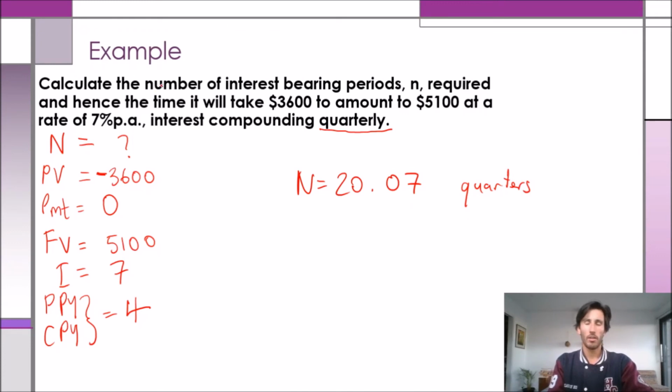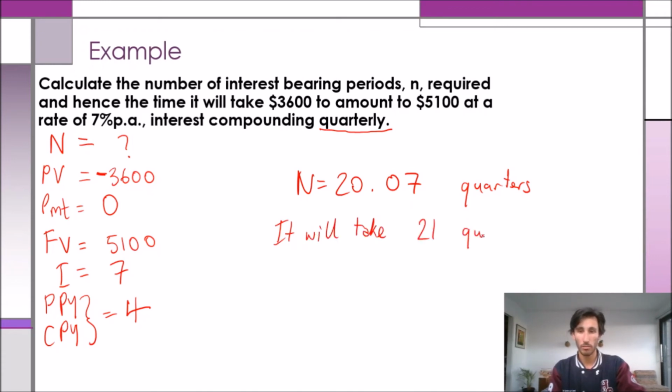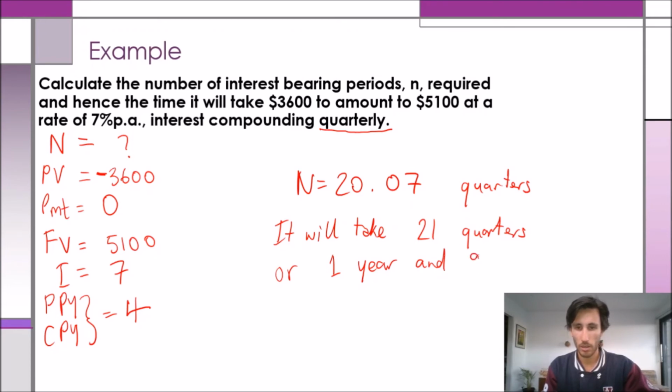Now, remember, after 20 quarters, we haven't actually reached 5,100 yet, which means that it will take 21 quarters, which is the same as 1 year and 9 months to reach 5,100.